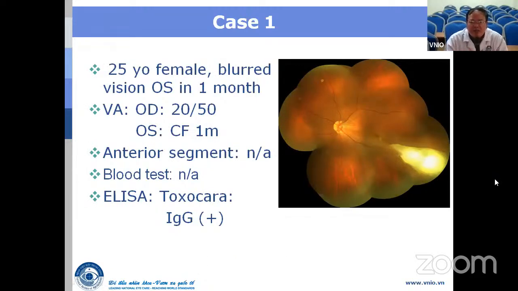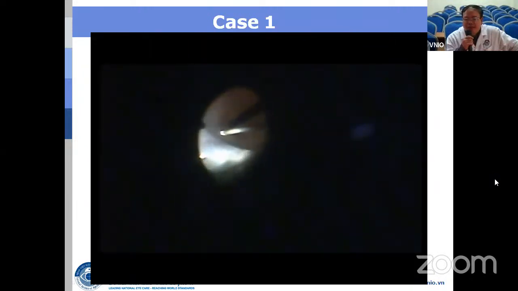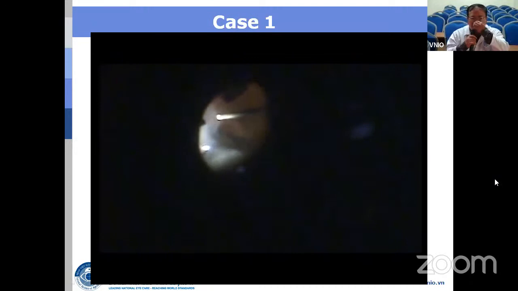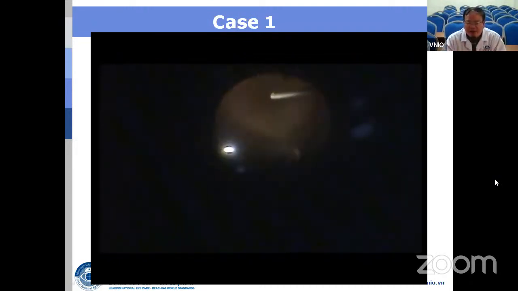An illustration: a 25-year-old female, blurred vision within 1 month, OD 20/50, whereas the other eye count finger. Anterior segment nothing special, pupil normal. And ELISA, we are positive with Toxocara. In this case, we do PPV with the BIOM system, wide angle system.